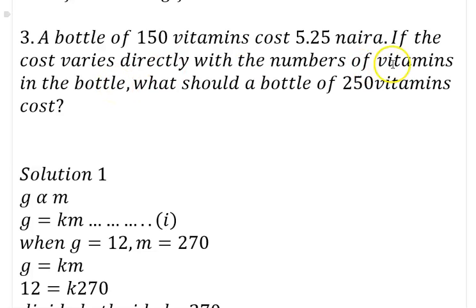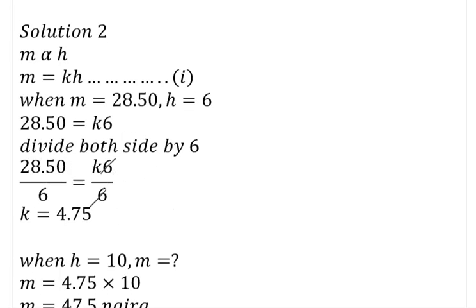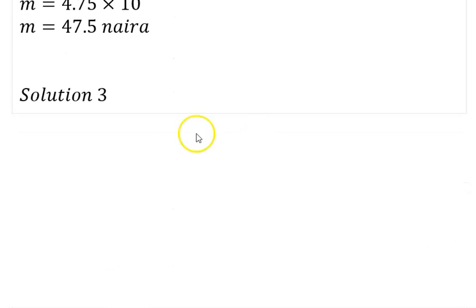Okay, should we use vitamin or bottle? Okay, let's use bottle. So C varies directly with B. Let's just use that. C varies directly with B. Awesome.